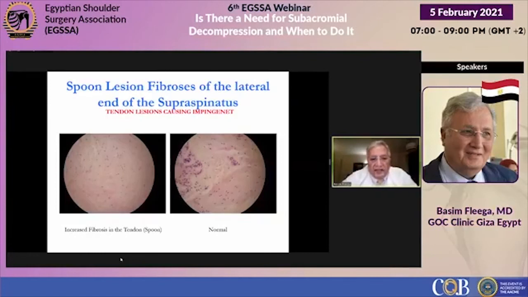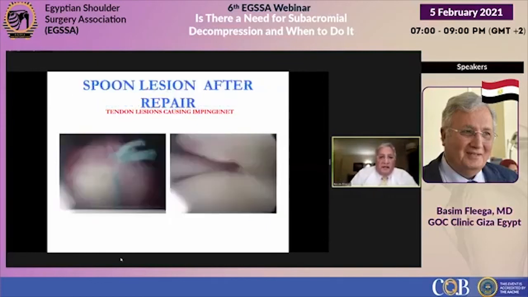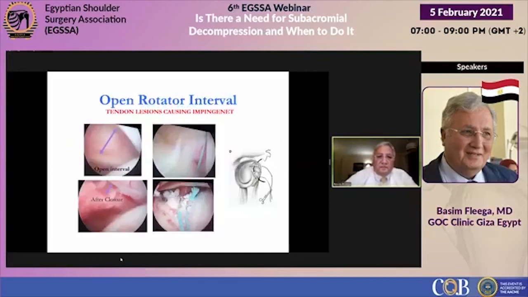A histological analysis of the tendon showed an increase in fibrosis compared to a normal tendon. We don't know why or what the reason is. We can only hypothesize that it's maybe microtrauma or activity or something else. So here we do a resection and a transosseous refixation to stabilize the joint and treat the impingement problem.